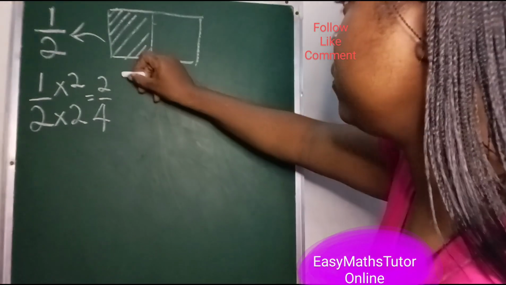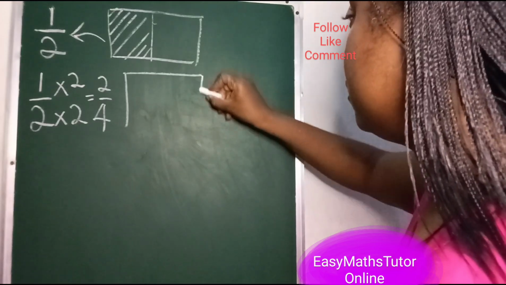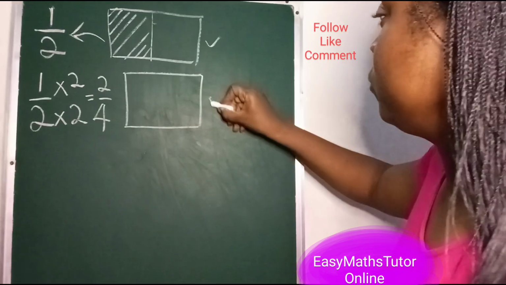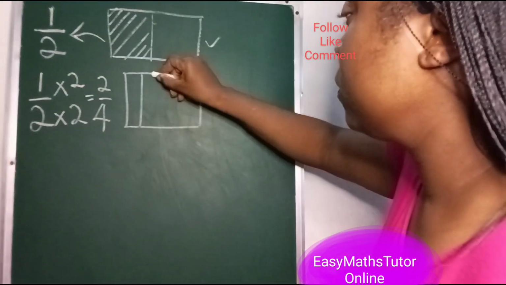So now let's represent it on an equal square with this. So these two squares are equal. And let me divide it into 4 places.